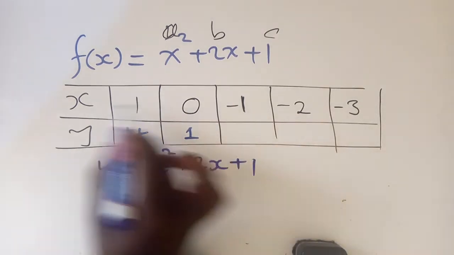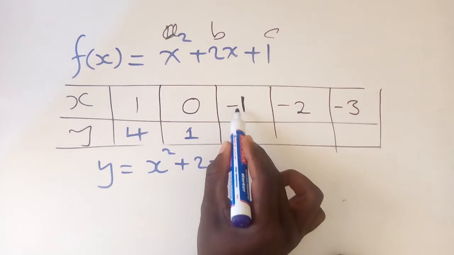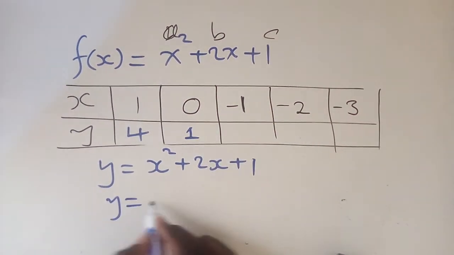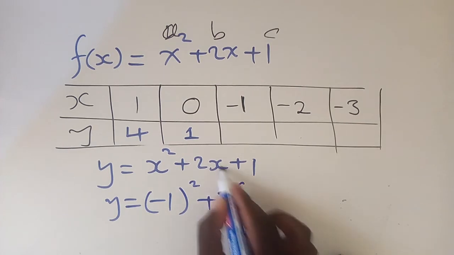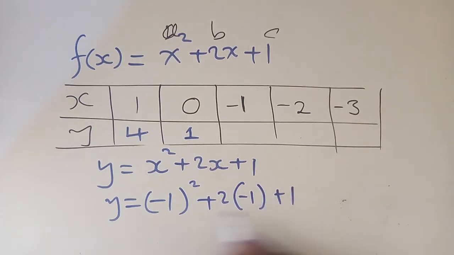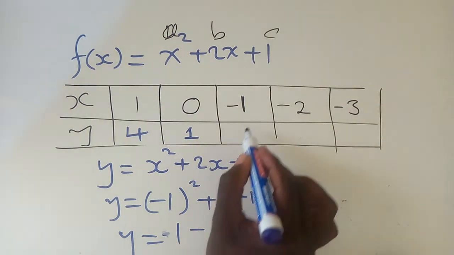These are x values, so we put -1 where we see x: -1 squared is 1, minus 2, because 2 multiplied by -1 is -2, plus 1. When we work it out, the value of y is equal to 0. So we have 0 here.